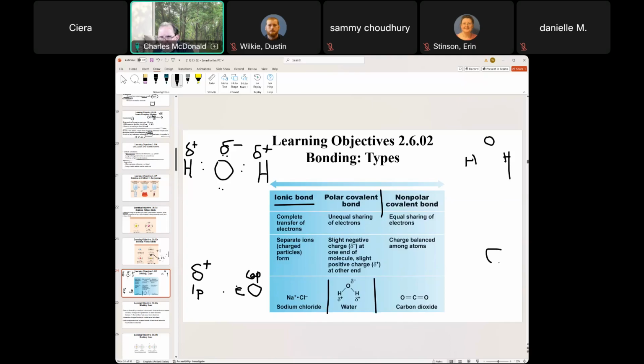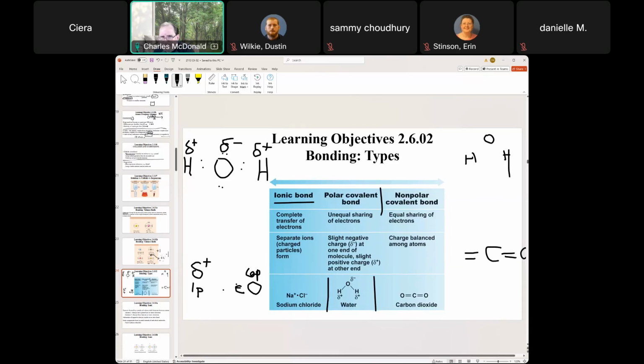Now, in CO2, oxygen has more protons than carbon, but they share equally. The reason they share equally is that this oxygen is pulling this way and this one is pulling that way. It's like if you had a tug of war with each side absolutely equal.